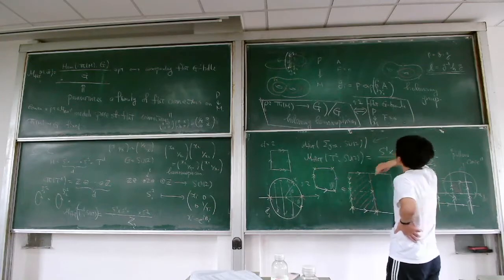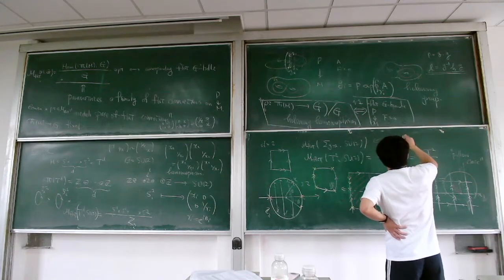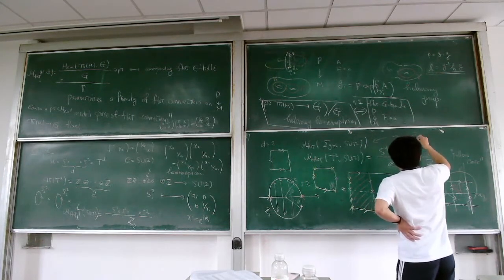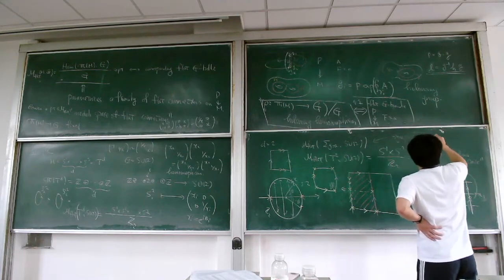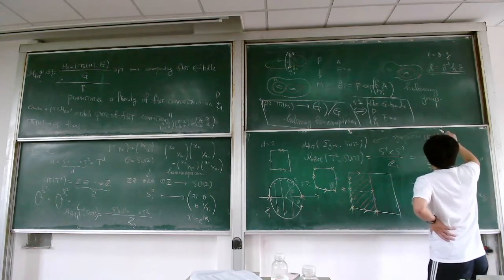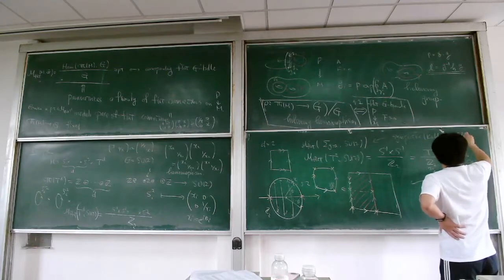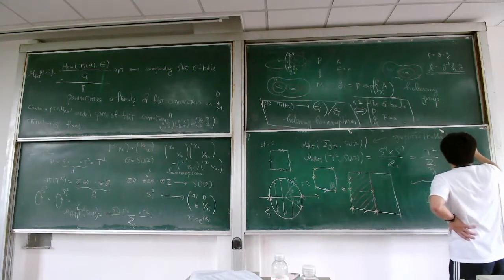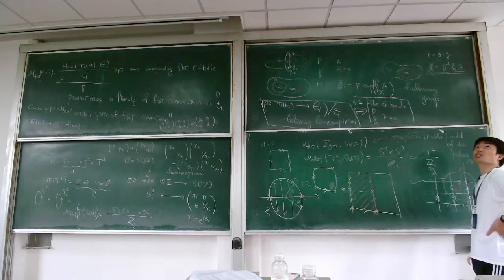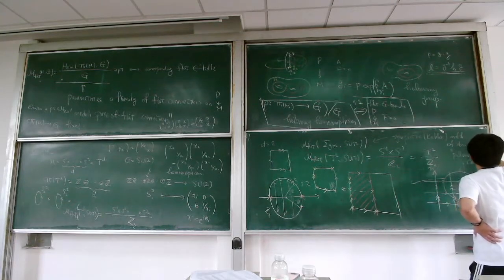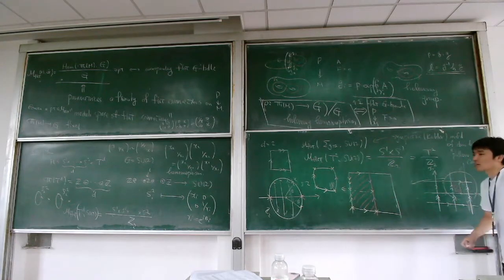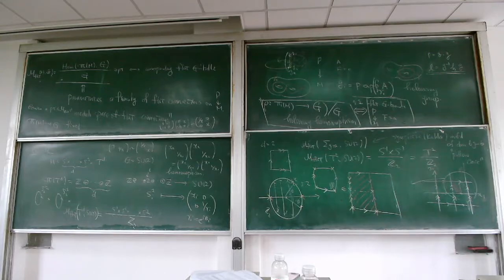I already told you about symplectic. Moreover, it's Kähler. A symplectic or Kähler manifold of dimension, what's the dimension? 6g minus 6. So it gives the structure of a symplectic manifold.